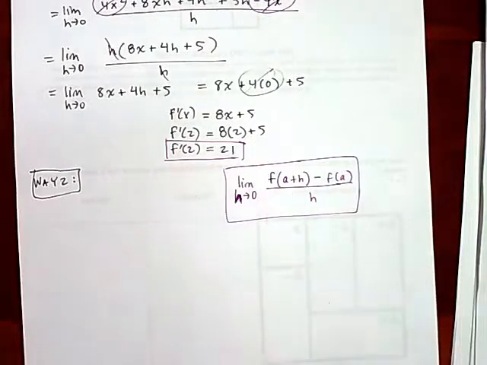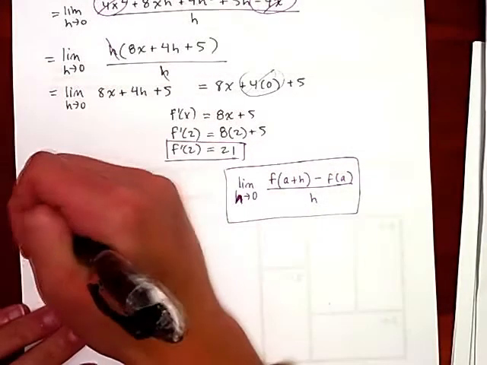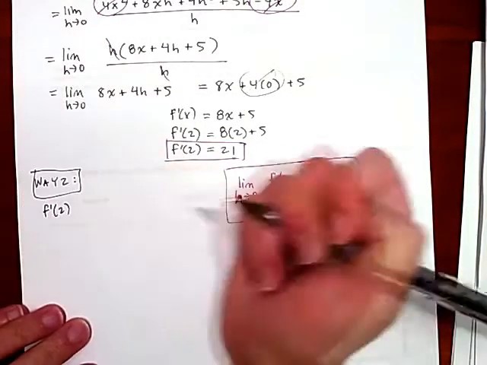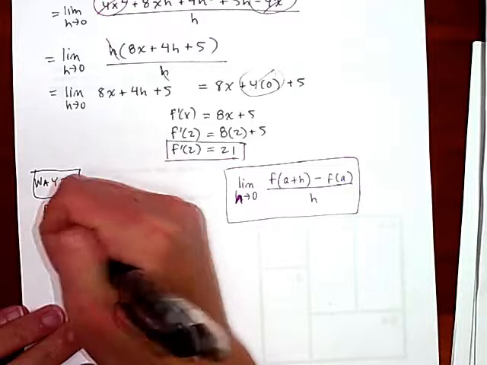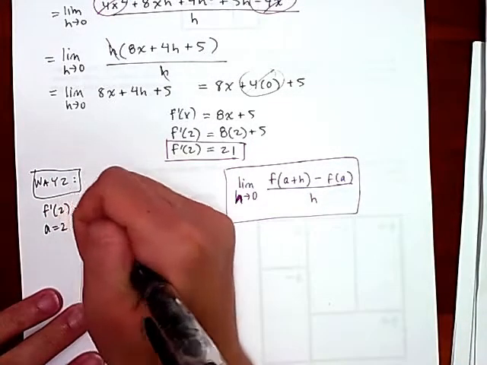The difference between x and a is that a represents the specific x value at which I'm trying to find the derivative. So if I'm finding f prime of 2, that means a equals 2. Okay? So I could think about this using this formula as the limit.